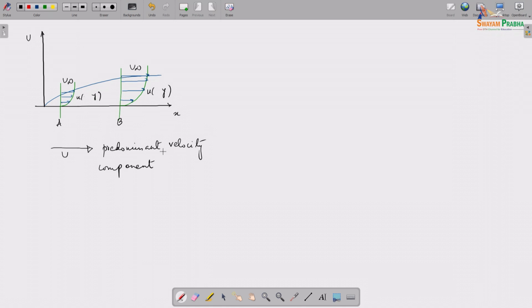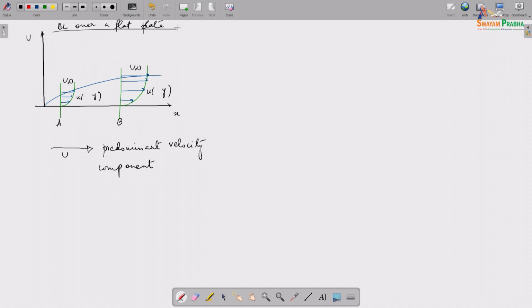This is for a boundary layer. I am talking about a boundary layer over a flat plate, so let me write that. This is a boundary layer over a flat plate, and it's also a laminar boundary layer over a flat plate.